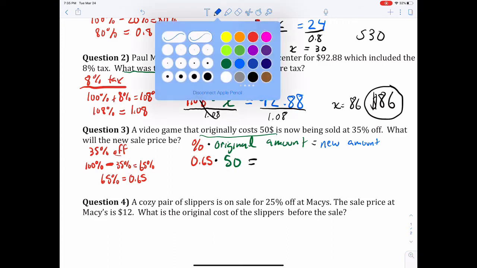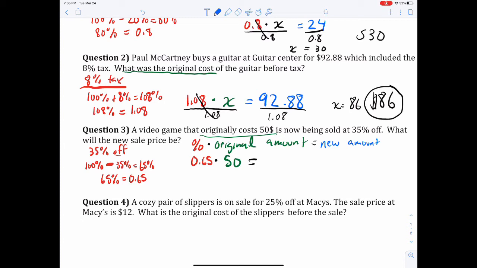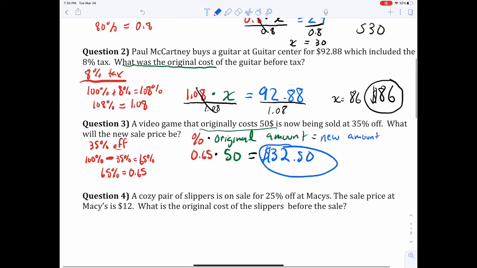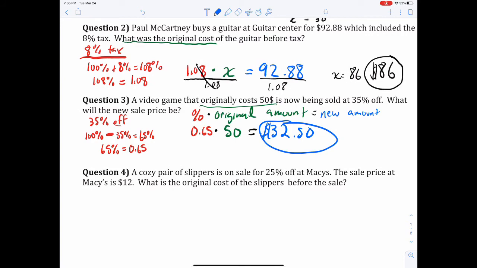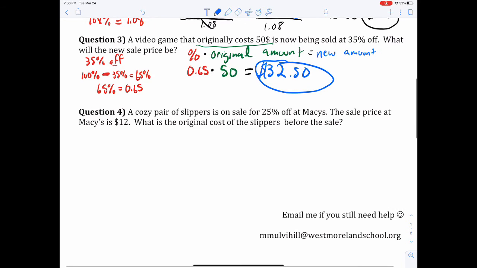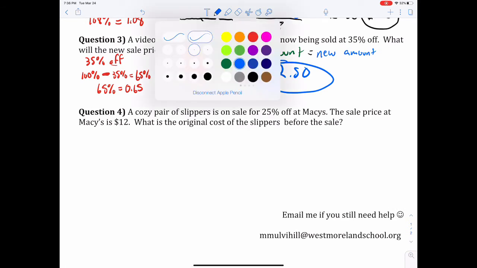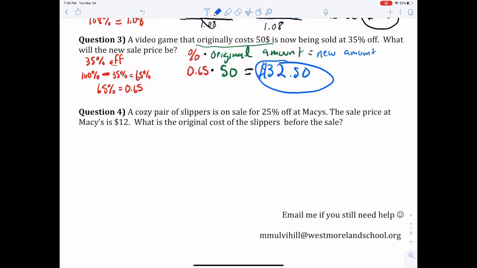I'll give you a hint. I'm going for blue. It's going to represent the new amount, $32.50. And that's what we're looking for, the new sale price. All right. That one, we didn't have to go backwards there. That was just the old-fashioned way. But still, you can use that formula. All right, last one here. You guys can pause the video, try it, and then I'll show you the answers.